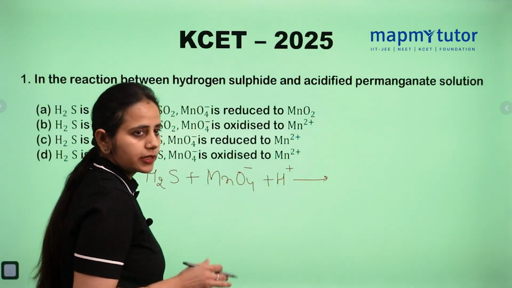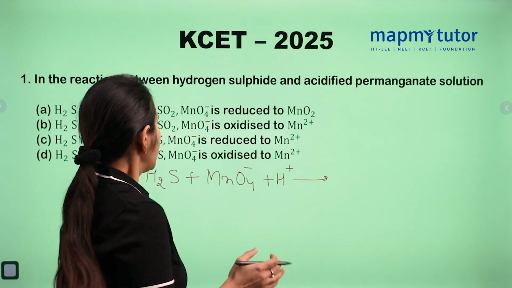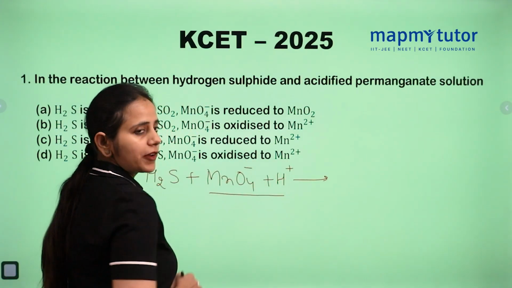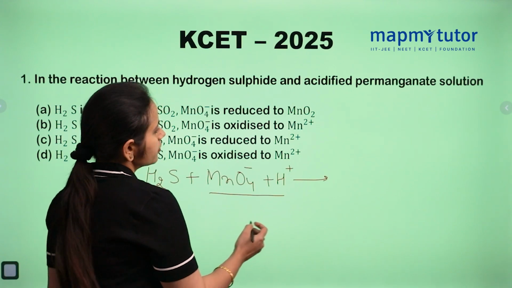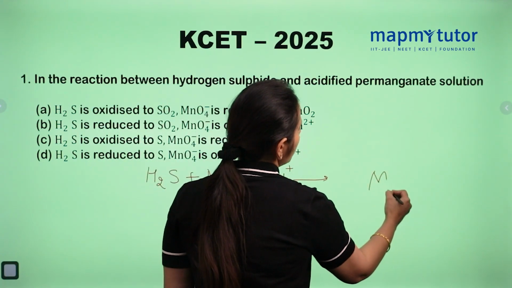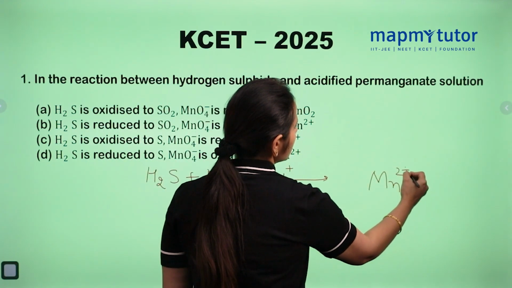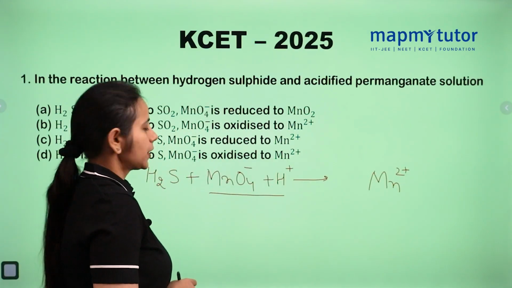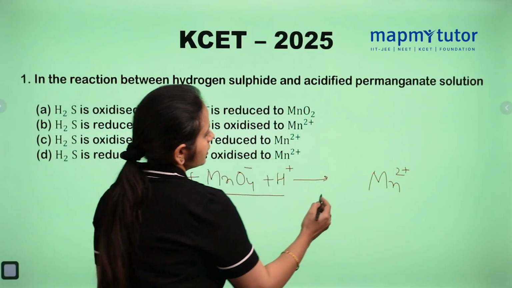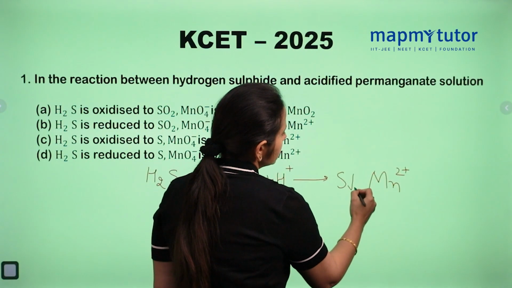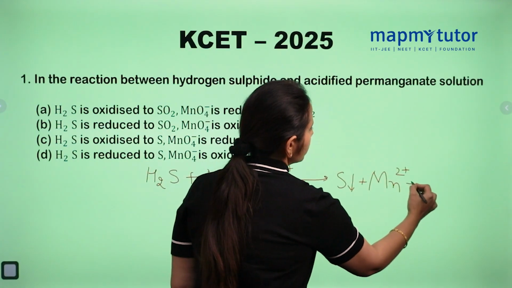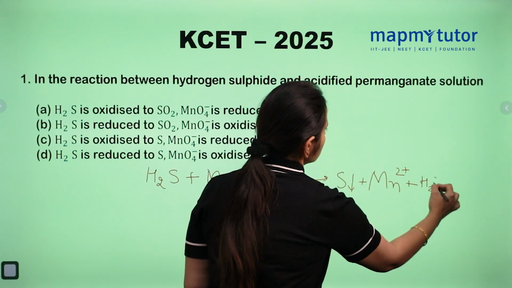What will happen? See, the trick is whenever permanganate is in the presence of acidic medium, it will always reduce to manganese 2 positive. Okay? And H2S, this sulfur is going into its elemental state, and water will form along with this.